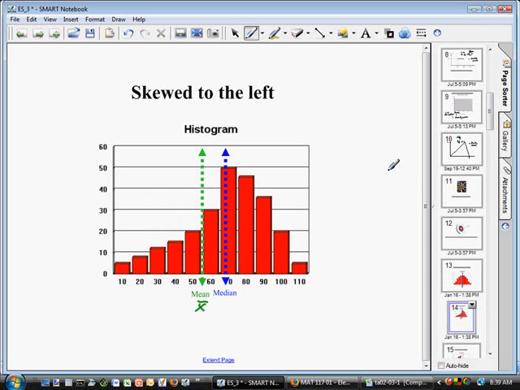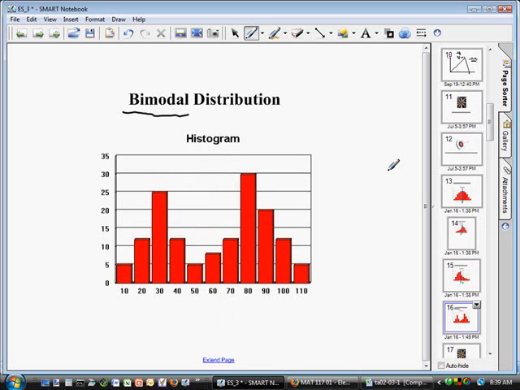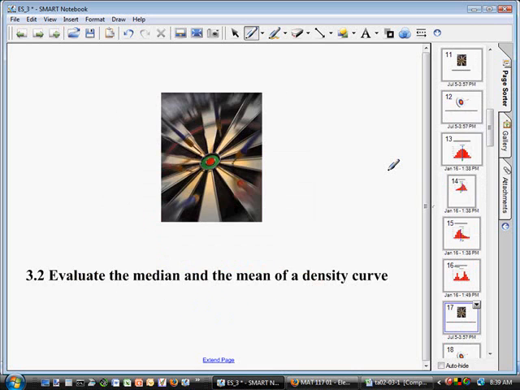When you have a skewed distribution, the mean is always what? More toward the skew. In this, the green is the mean, and you can see the green is to the left of the blue, to the left of the median. Whereas in this one, which is skewed to the right, the mean is more to the right. And then we talked about this crazy thing too. Okay.